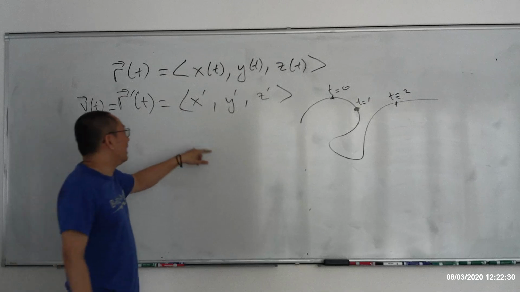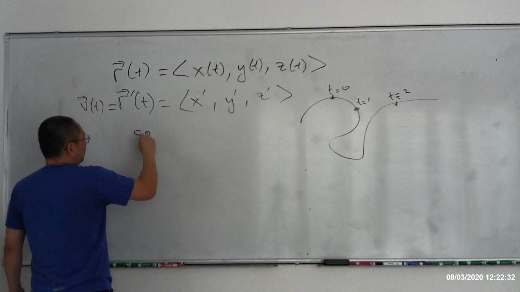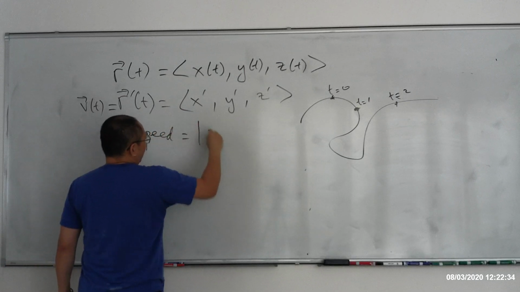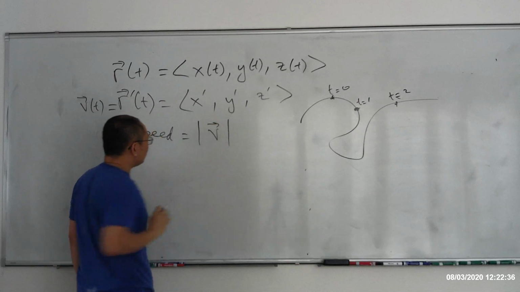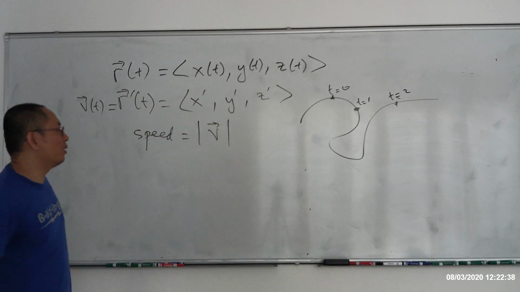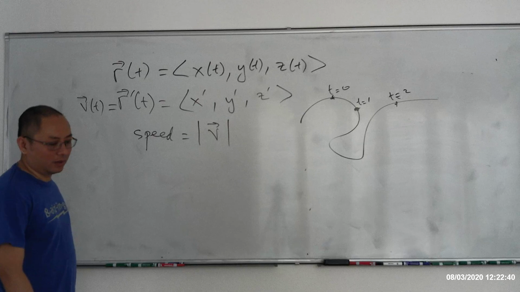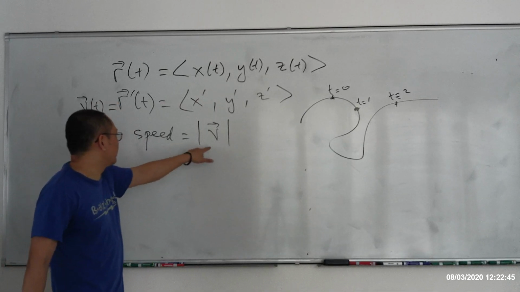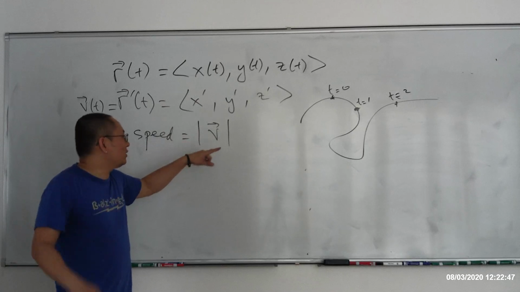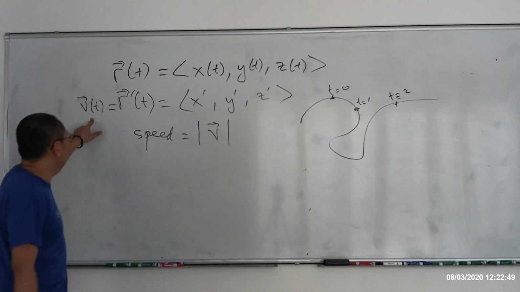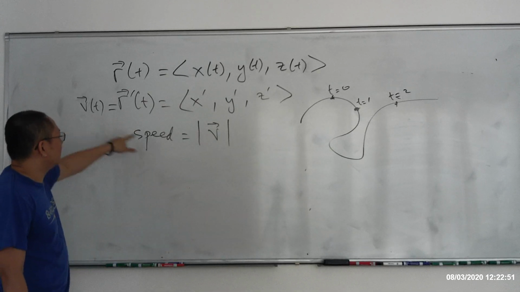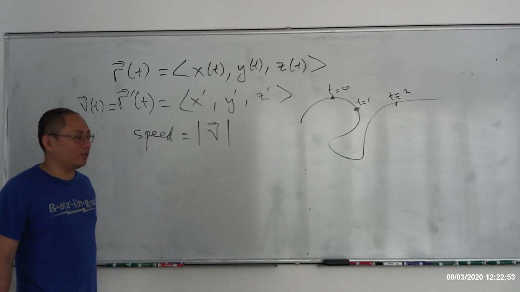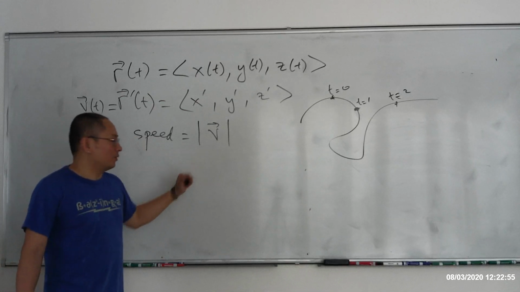Then the speed is the magnitude of the velocity, how fast the particle moves at that moment. Velocity here tells you two things, the magnitude and the direction. So vector v actually implies two things, the speed and the direction. Speed is just the magnitude of the vector.